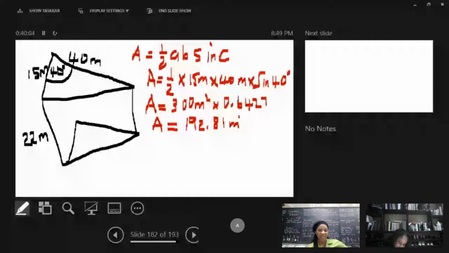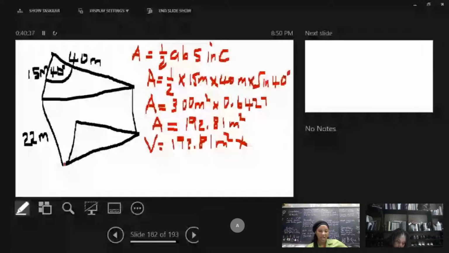So to find the volume now, multiply that by the height. What's the height of the prism? The height of the triangular prism.